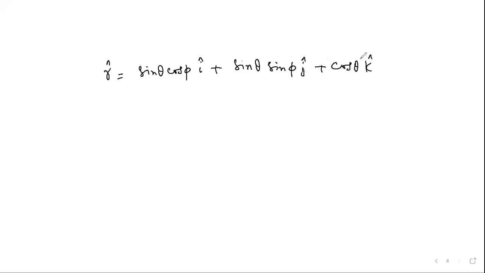You can write r cap as sine theta cos phi i cap plus sine theta sine phi j cap plus cos theta k cap.